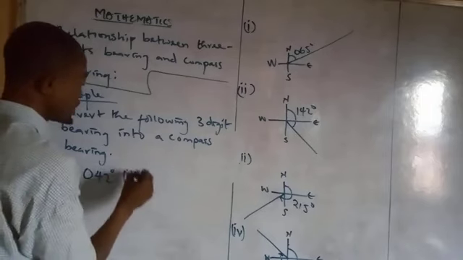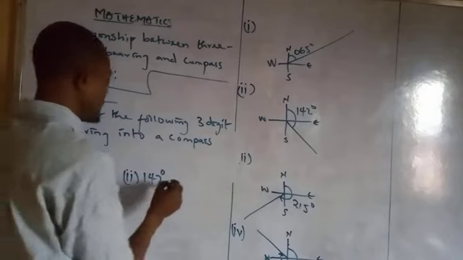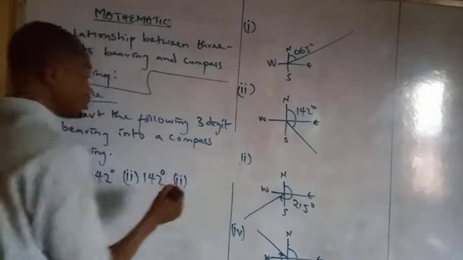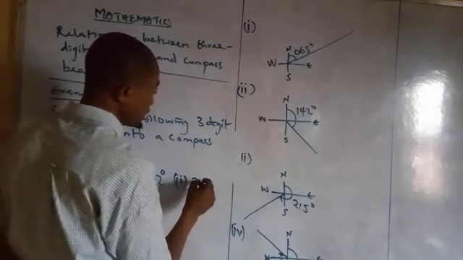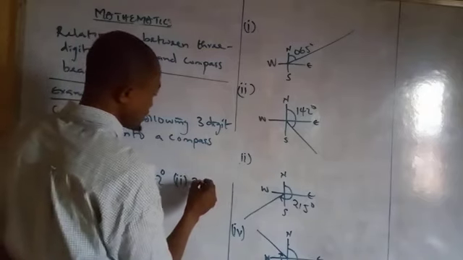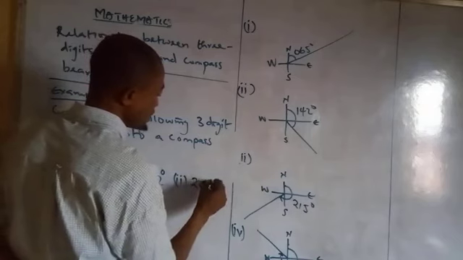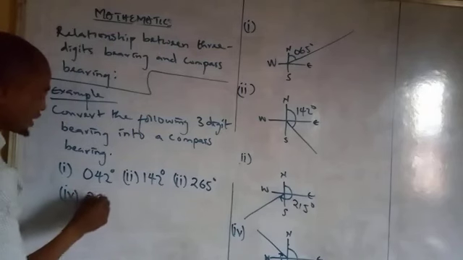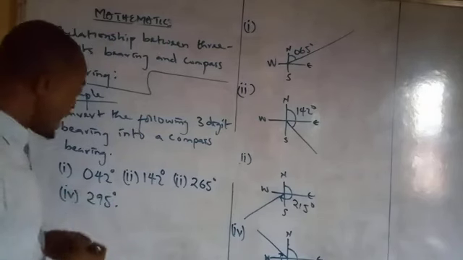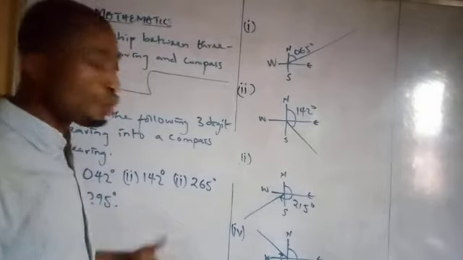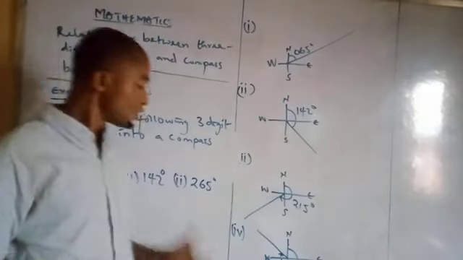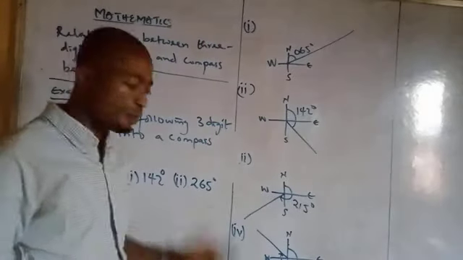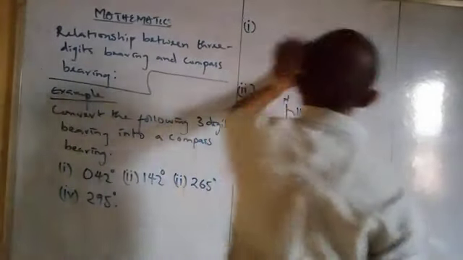Roman figure 2, 142 degree. Roman figure 3, 265 degree. Roman figure 4, 295 degree. All these are 3-digit bearing. So we want to convert from 3 digits to compass bearing. So this is what we do.